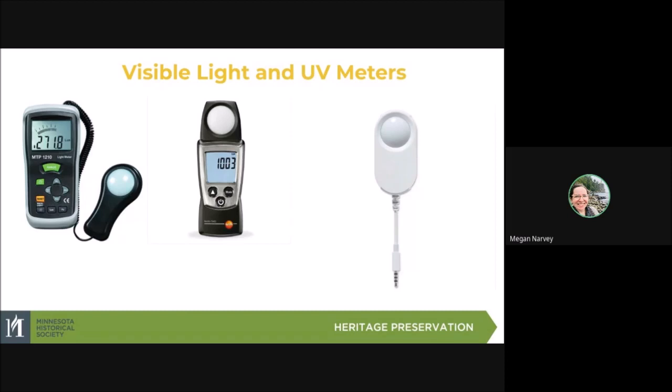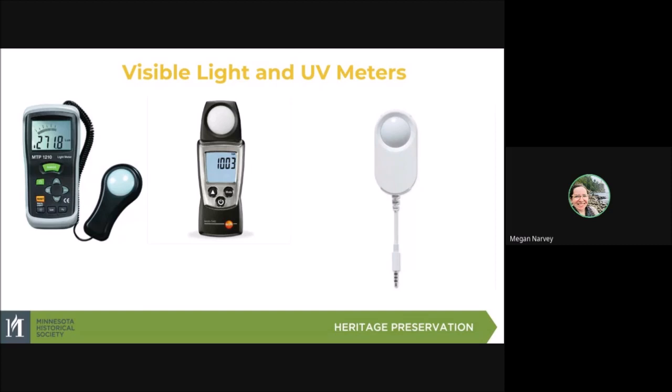A spot checker is what we see more frequently in museum use traditionally for light meters. To use a spot checker, you just hold it in the location where you want to see the light level, you turn it on, and then you write down the light level on a piece of paper or on your computer, and then you move on to the next location and you do the same thing.